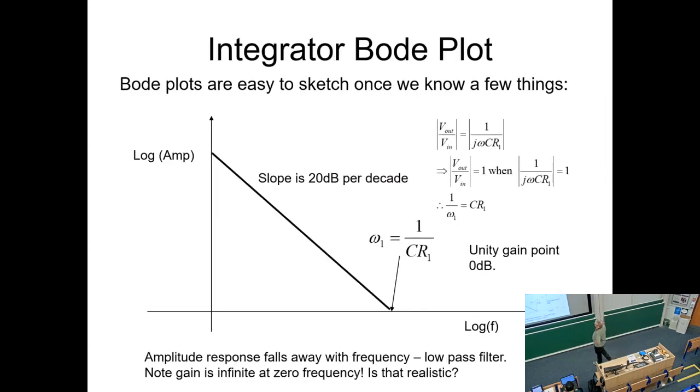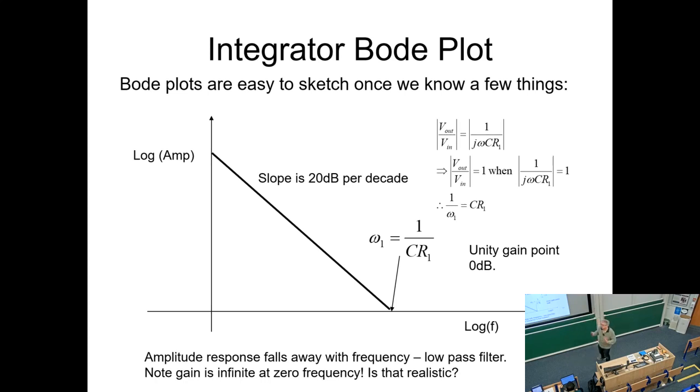So we can put the Bode plot together for this integrator. We know it's going to be a straight line. Further, we know that the slope of that line is 20 dBs per decade. So increase the frequency by a factor of 10, the amplitude changes by 20 dBs for all first-order systems.